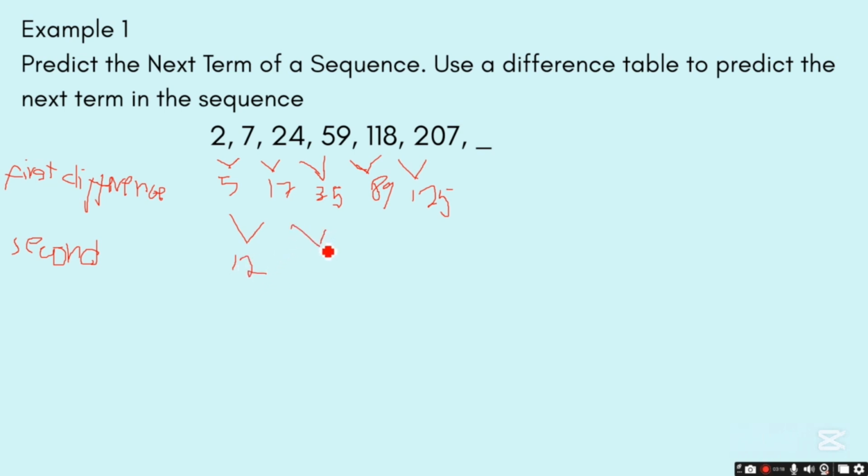And 35 minus 17 is equal to 18. And 89 minus 35 is equal to 24. And 125 minus 89 is equal to 30.